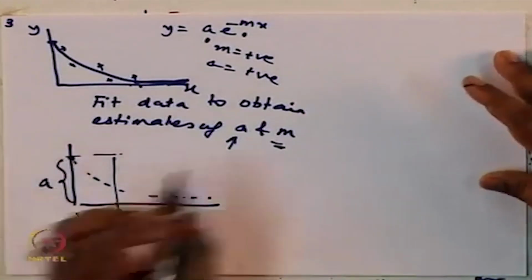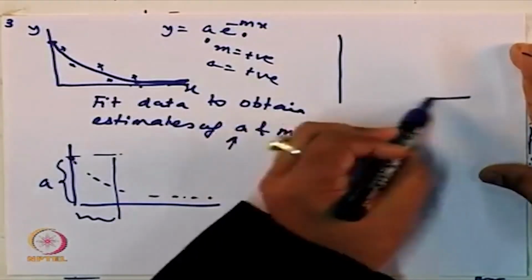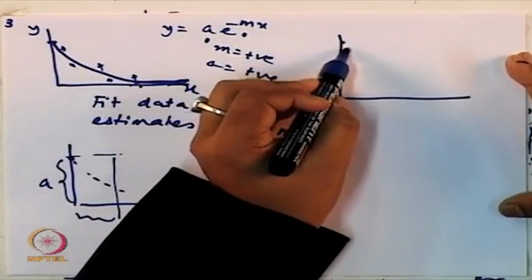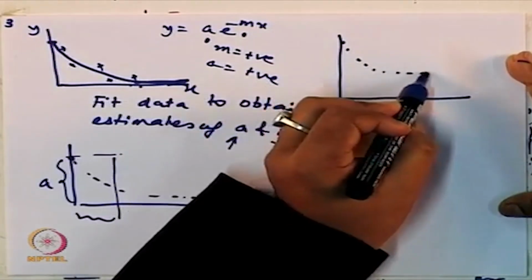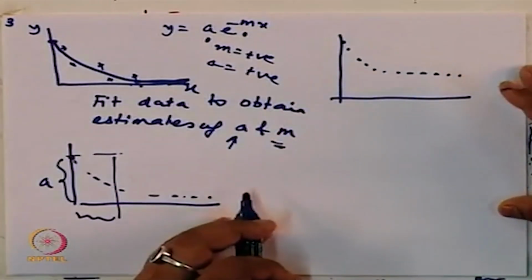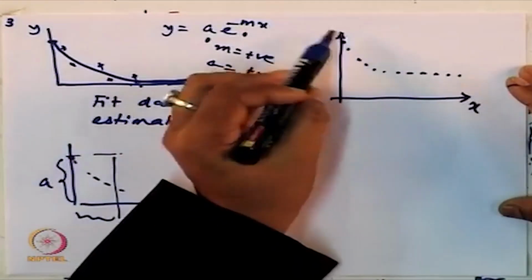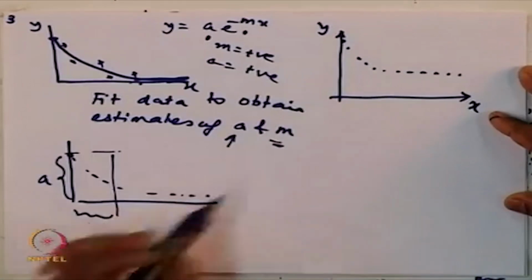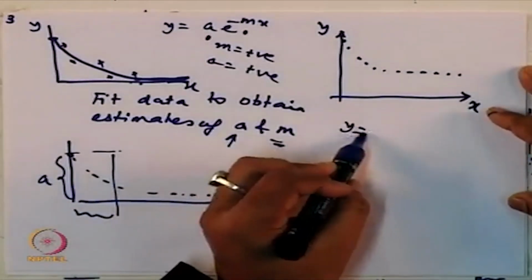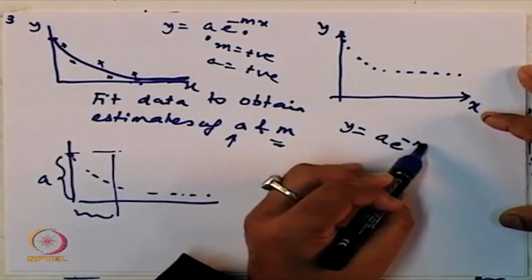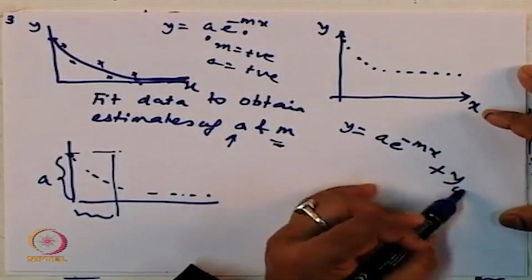Now, let us say this curve were to change. Let us say it starts from a given value and your data plateaus off to some particular value. So, it does not go to 0 as x tends to infinity, but it plateaus off to this particular value. In this case, you will have to modify your equation to fit by writing y is equal to a e to the power minus m x plus some y naught.